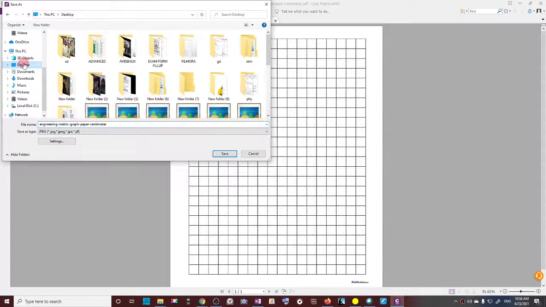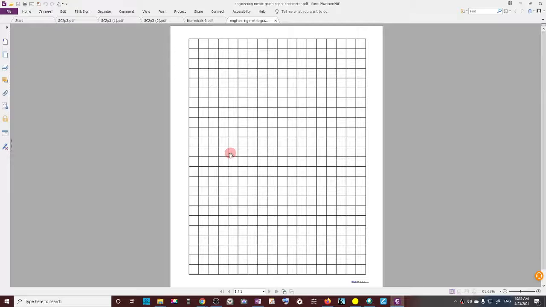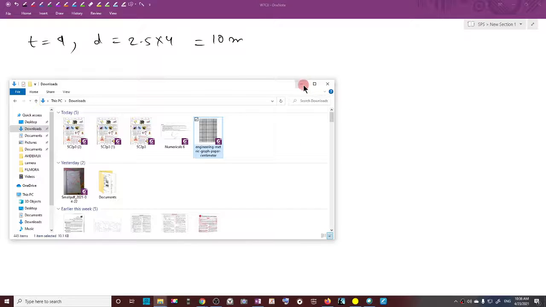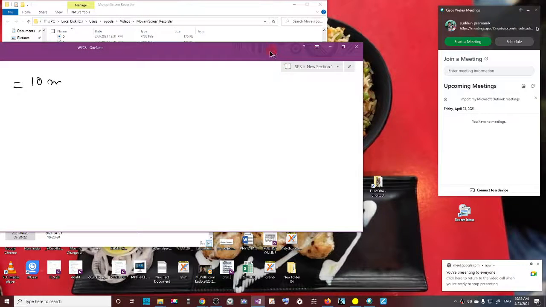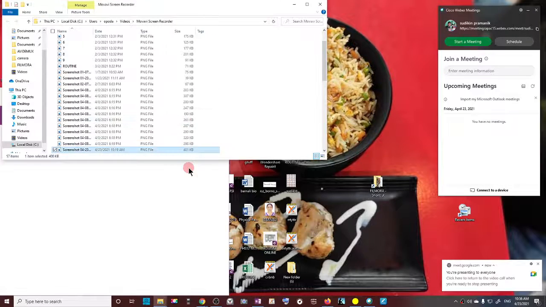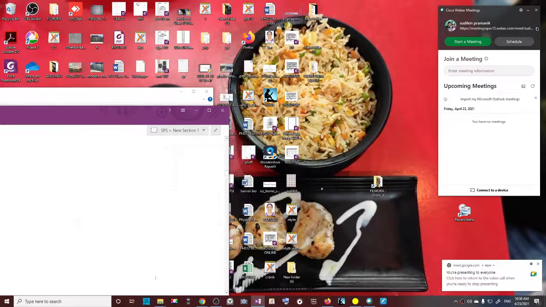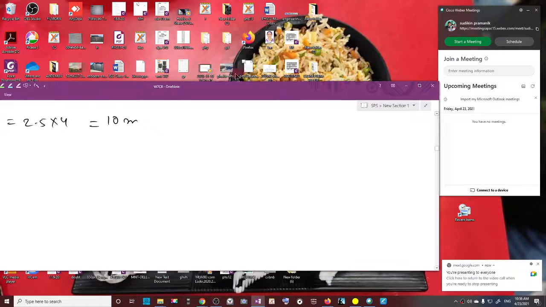Okay, let us do this. Let me see if I've got that one. Okay, in desktop, can I see that one? Do you see any image? Yes, I have got the graph one.